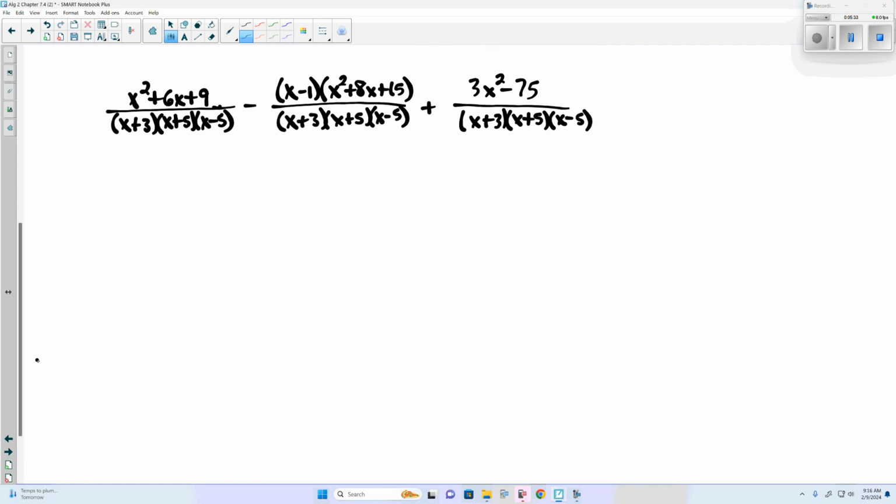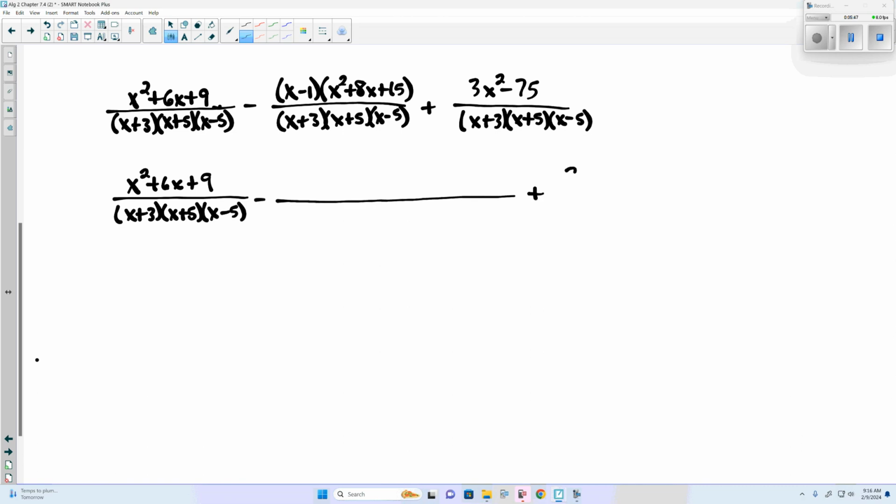I'm doing that mainly so that we can save a little bit of time on this problem and a little bit of room on your paper. And I'll move here in a second.